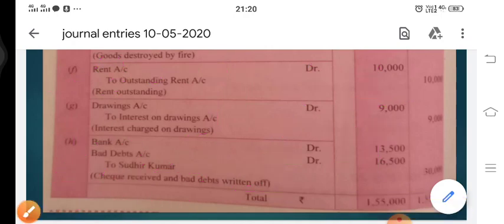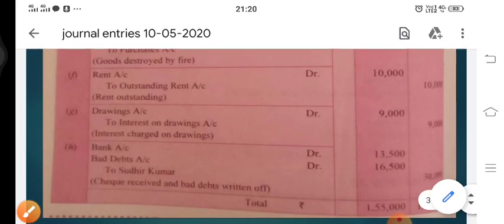So let's check the journal entry. The journal entry here is bank account debit, because money is coming not in the form of cash but in the form of check. If we are receiving a check, definitely the check will be deposited into the bank. That means we have received that money into our bank account, and bank being receiver has to be debited.